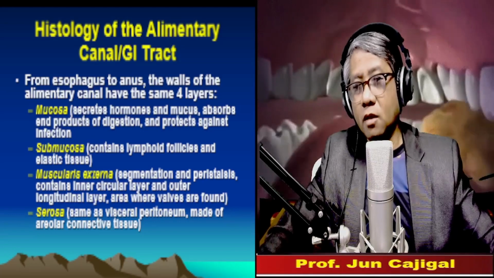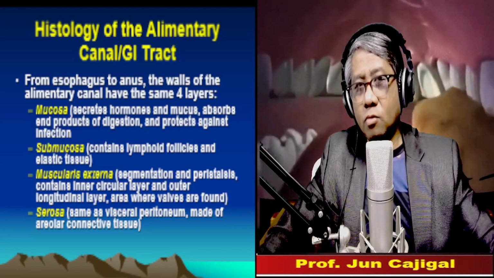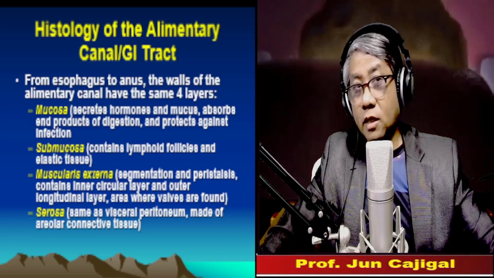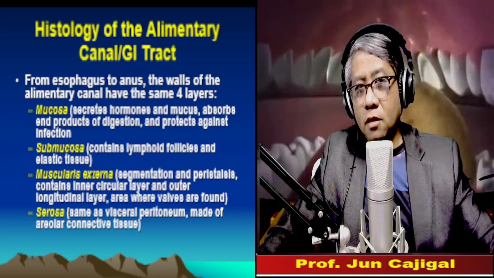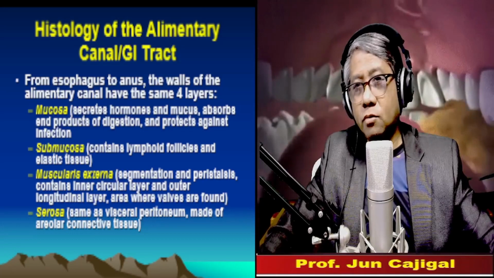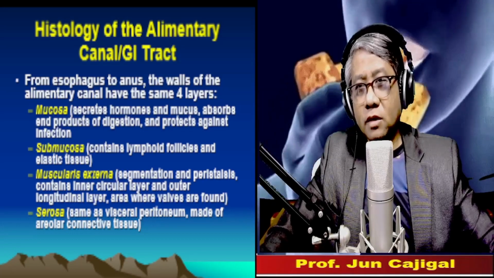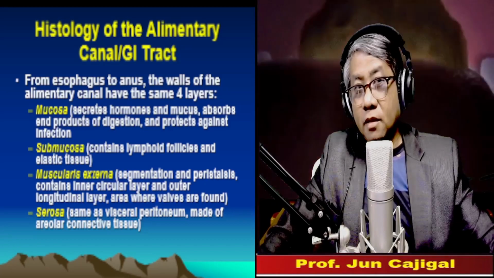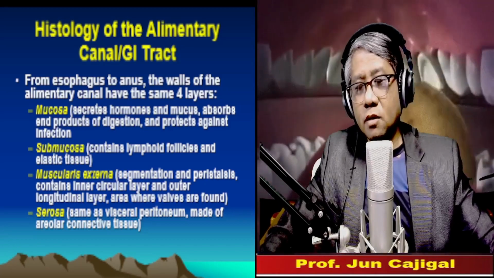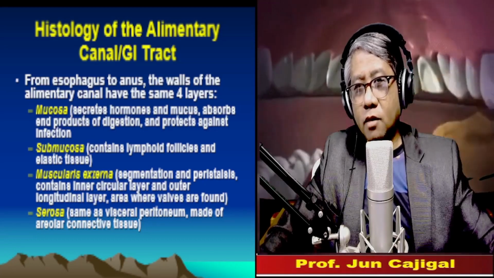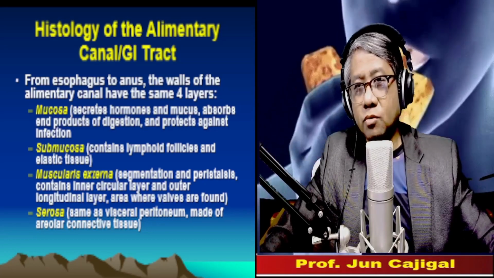So the innermost layer is the mucosa. Now the mucosa secretes hormones and mucus. The mucosa also absorbs end products of digestion and protects against infection. Then above the mucosa is the submucosa that contains lymphoid follicles and elastic tissue.